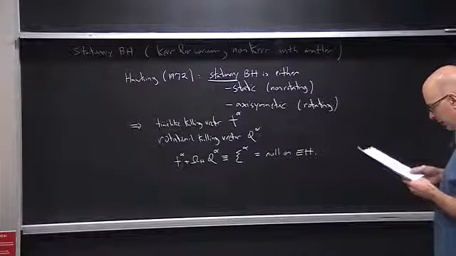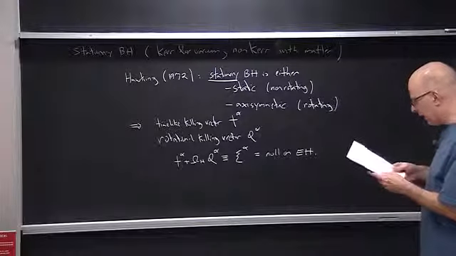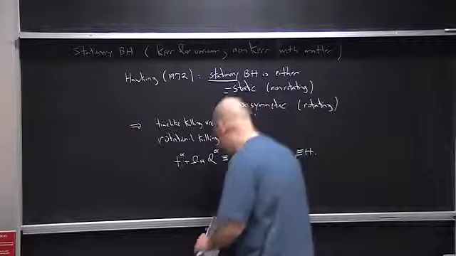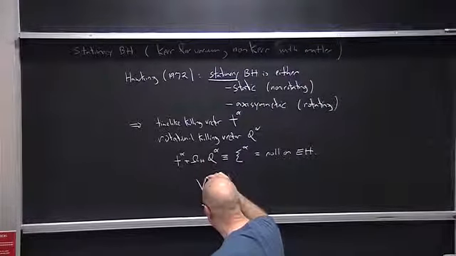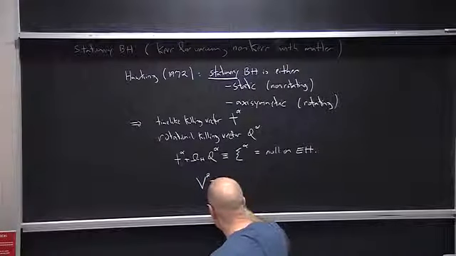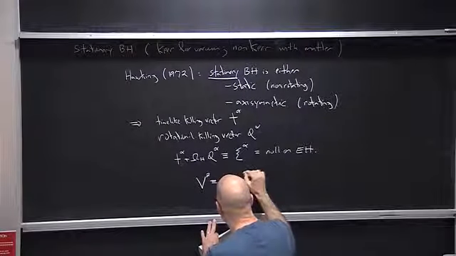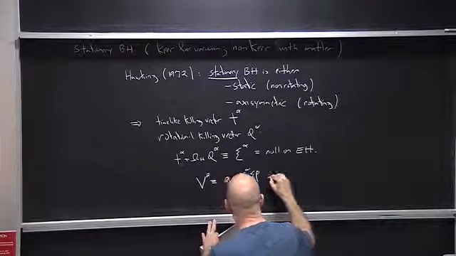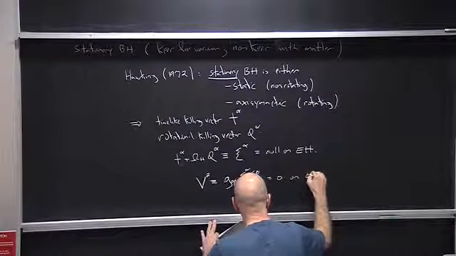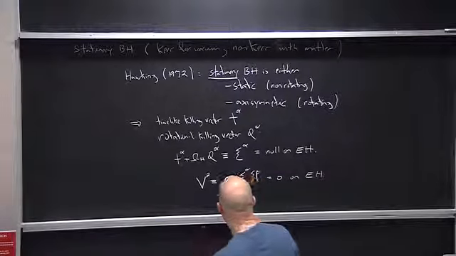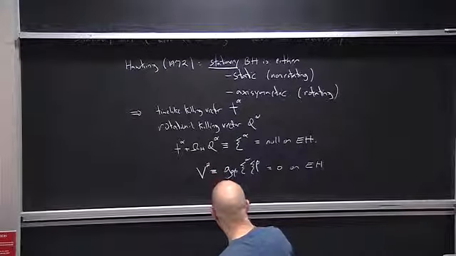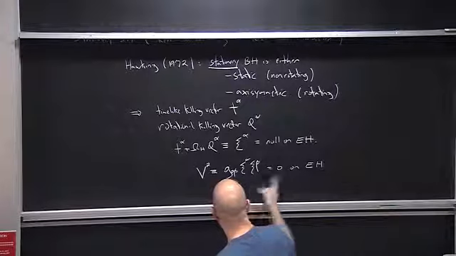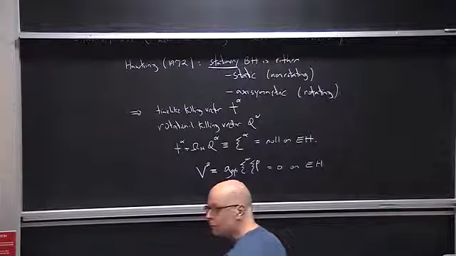And it's a property basically of the fact that you're dealing with a stationary spacetime with an event horizon. So that's a pretty remarkable statement. And one consequence of this is that V squared, being the norm of the Killing vector, is going to be 0 on the event horizon. And as usual, here we're given a null surface.